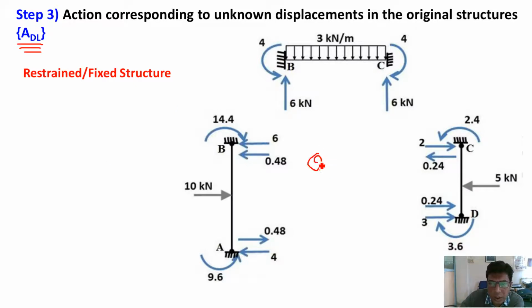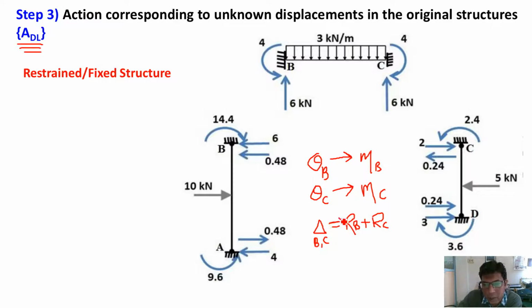First unknown displacement is theta B, and the corresponding action is moment at B. Second unknown is theta C, and the corresponding action is moment at C. And third unknown is delta, and the corresponding action is the sum of reaction at B plus reaction at C, because delta represents delta B as well as delta C.